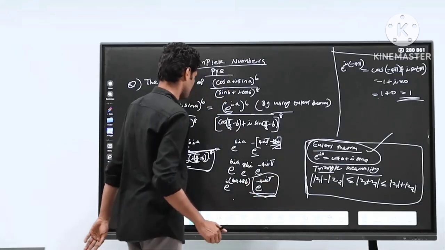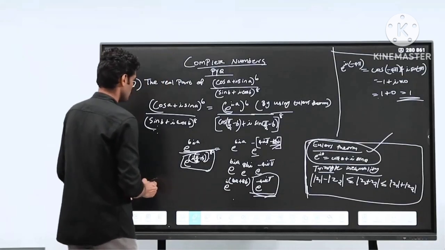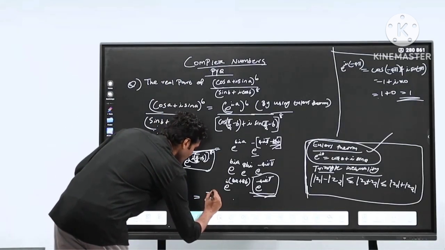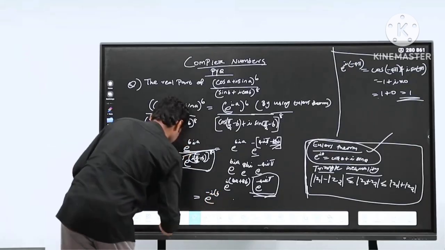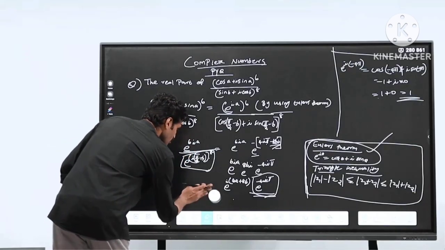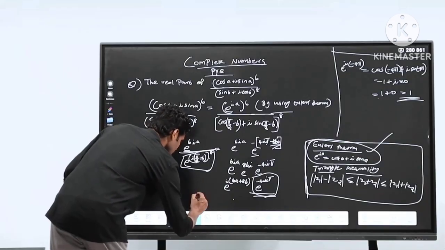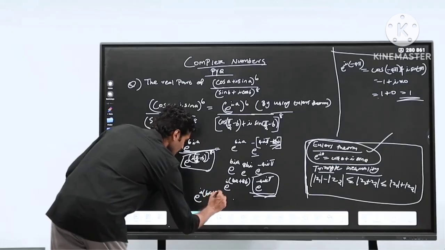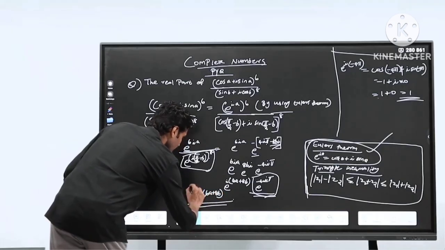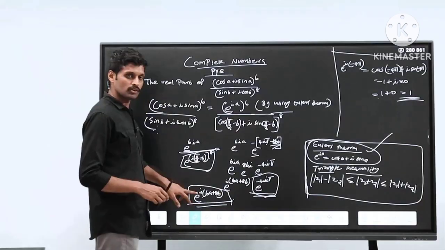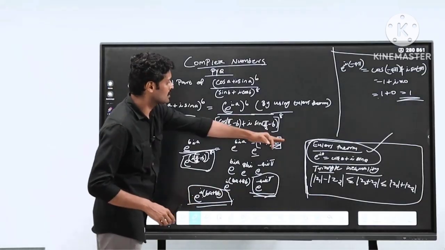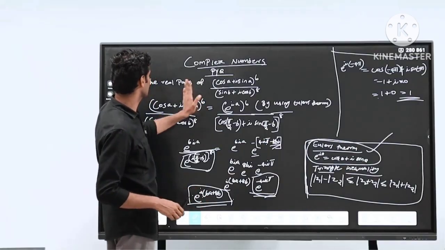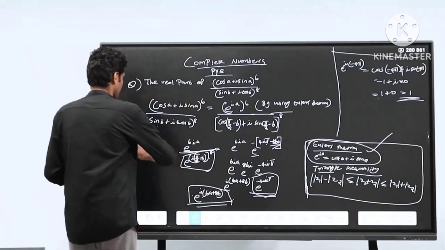So we can substitute this value. So the final answer will be e raised to I into 6a plus 8b, right? Okay. So from here we can apply Euler's theorem again to find the real value of the given question.